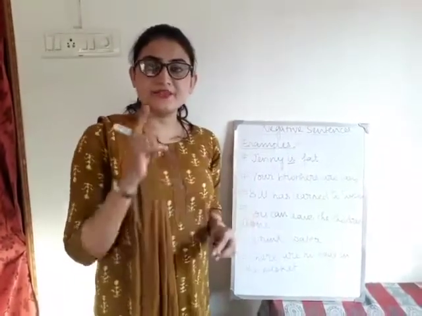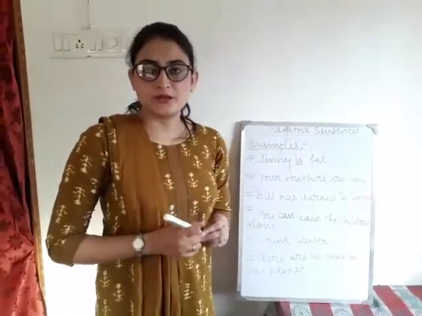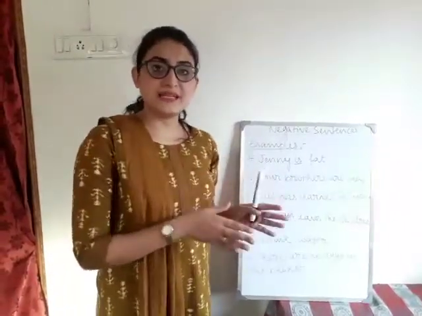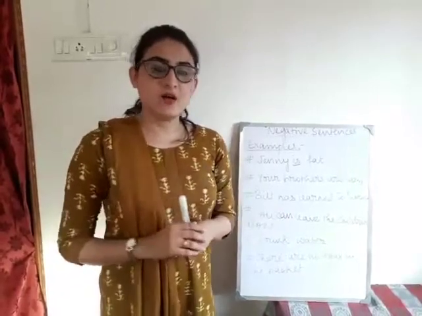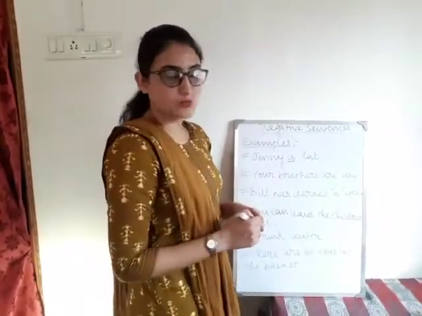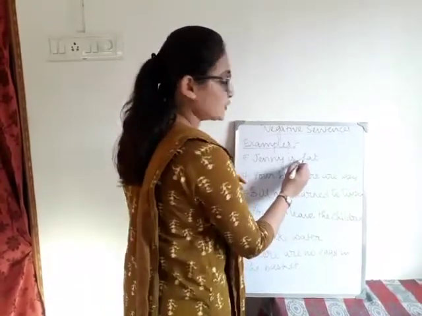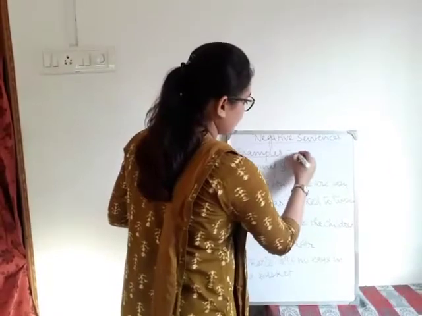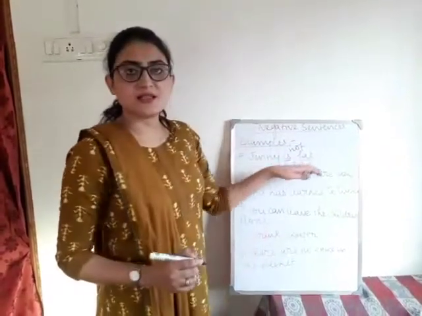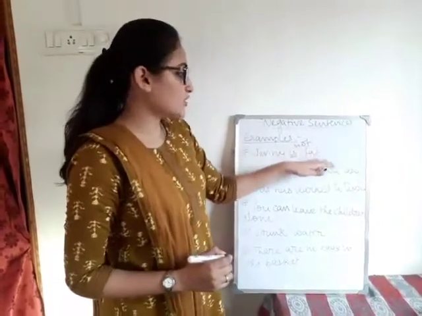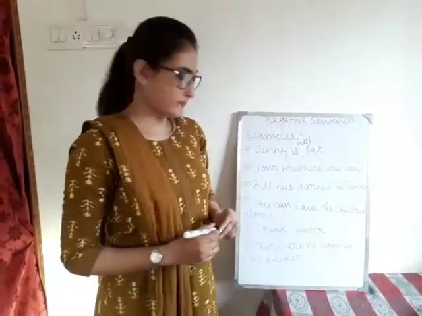As per the rule, if we have one verb, and that is am, is or are, then we will place the not right after the verb. To change this into a negative sentence, we will just add not after is. The answer is: Jenny is not fat.